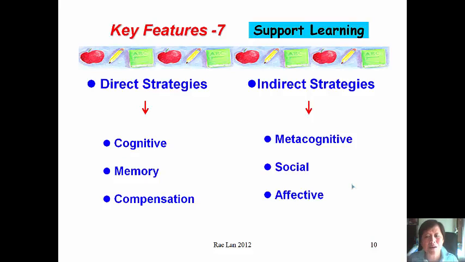We believe there are other aspects of learning that we need to attend to, and by applying the indirect strategies, for example, paying more attention to our POEM about our learning, applying more social strategies to help us become a better language speaker or learner, and paying more attention to the emotional response or motivational issues about learning, the indirect strategies support the direct. By applying the indirect strategies, we support our learning.